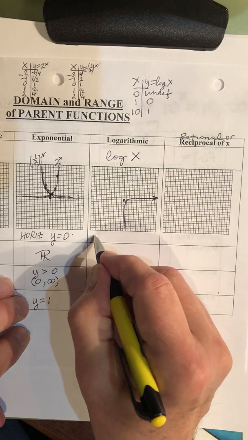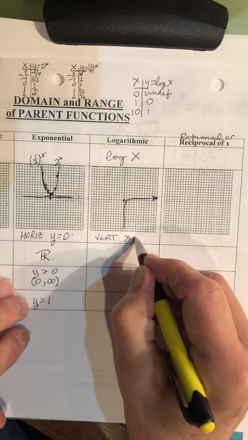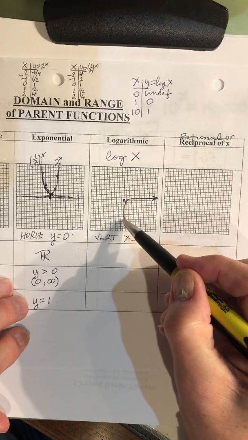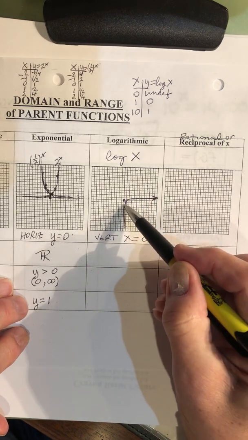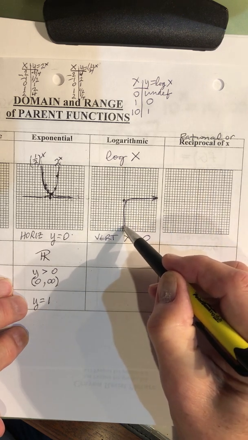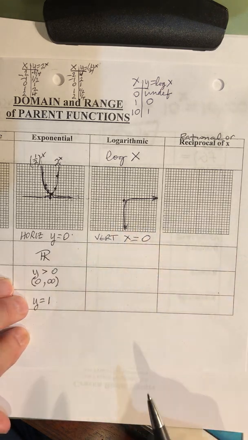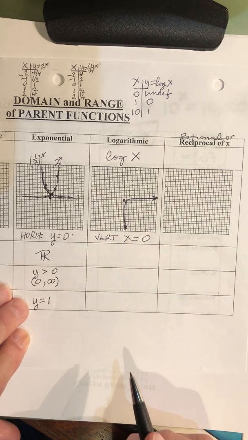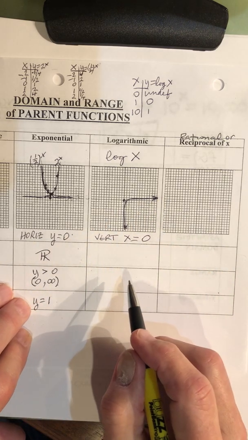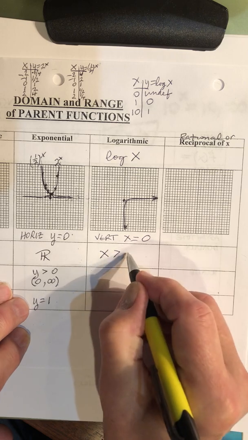All right, so this has a vertical asymptote of x equals 0. And that's down here. This gets closer and closer to the y-axis as it goes down here. It continues on, it never touches the y-axis. So what's the domain? The domain is x is larger than 0.